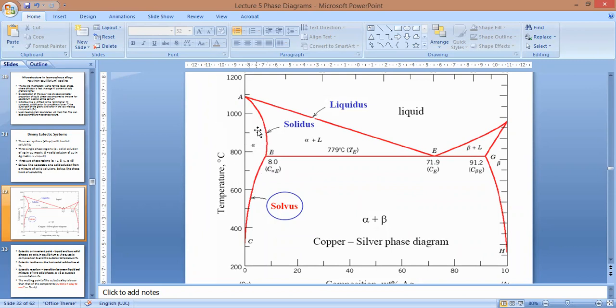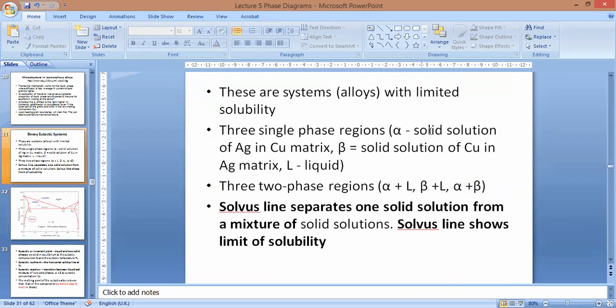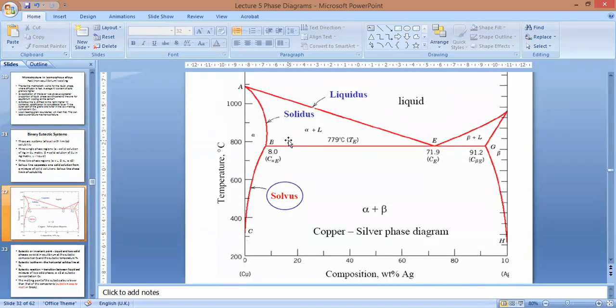In this case, we have alpha here, which is one solid. Let's come back to this: what is the alpha solid solution? This is the solid solution of silver in copper matrix. And then this one is the beta solid, which is the solid solution of copper in silver matrix.